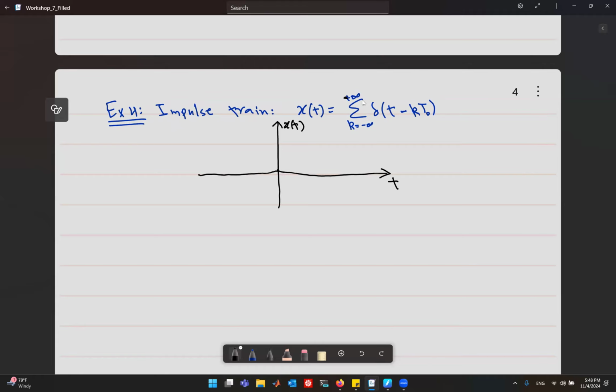Let me use a different color. And then at t naught and minus t naught, and at 2t naught and minus 2t naught, and so on. This is 0, t naught, 2t naught, minus t naught, minus 2t naught, and so on.